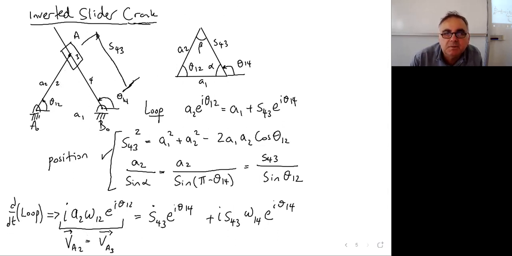For example, if this is omega 1,2, VA2 will be something like this. Right? But actually, I couldn't draw it really well. Let me draw it. It's clear.